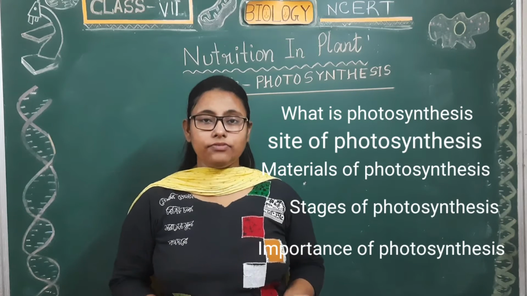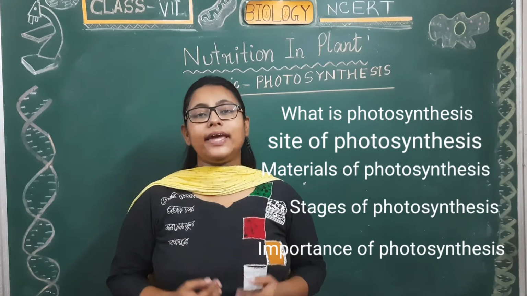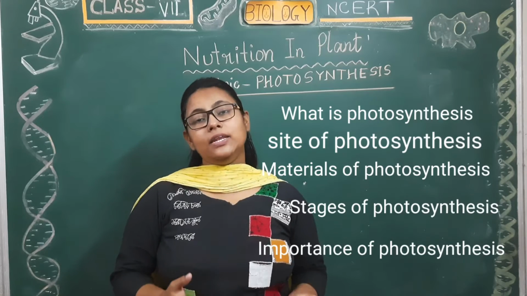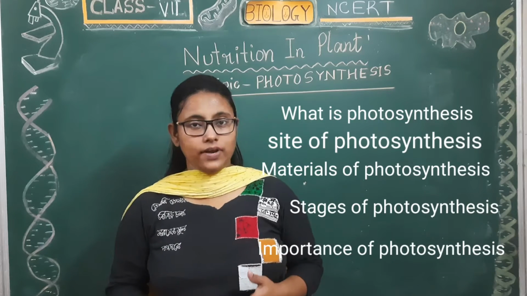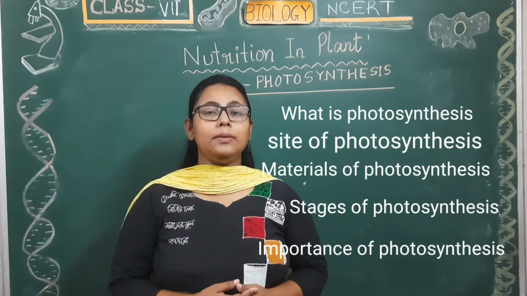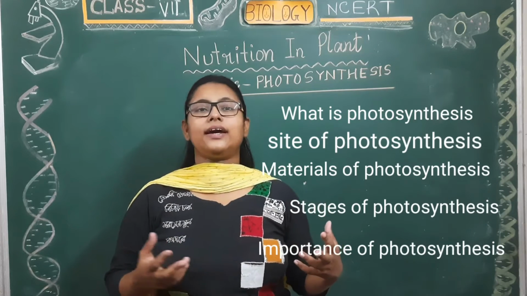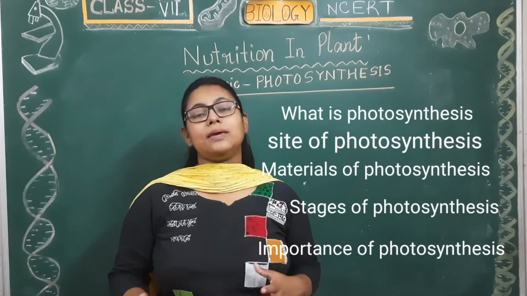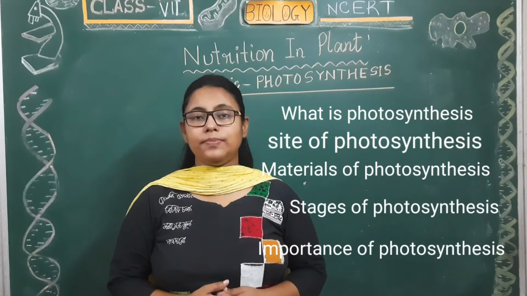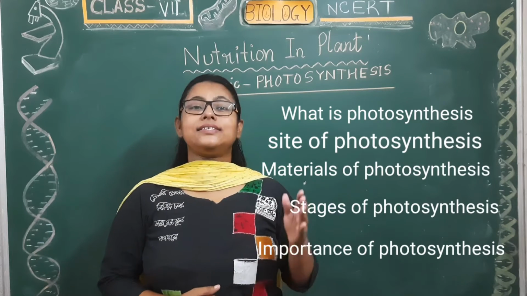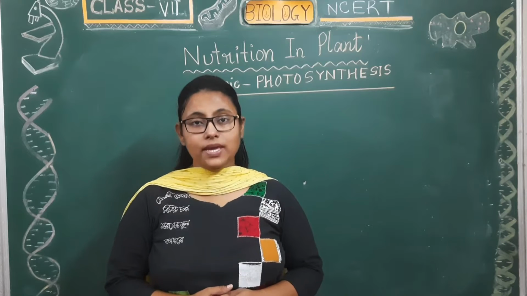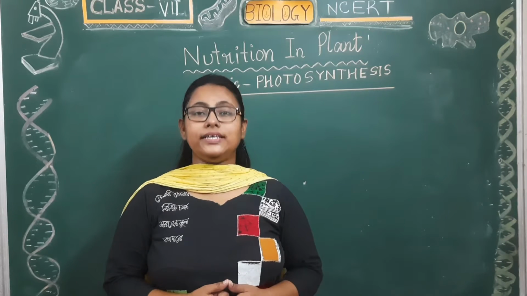As a result of photosynthesis we get oxygen in place of carbon dioxide, right? So that is one importance, and we will also discuss how oxygen and carbon dioxide are kept in balance in the ecosystem. These are the subtopics of this topic. One by one we will discuss them.